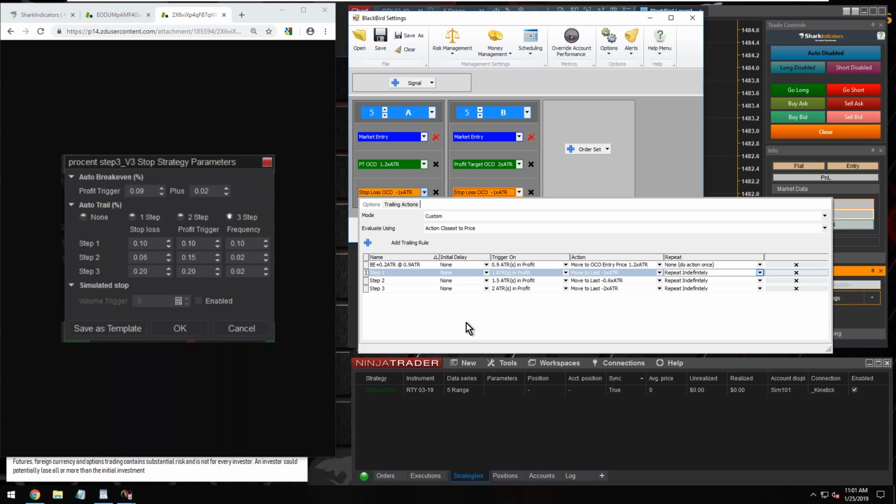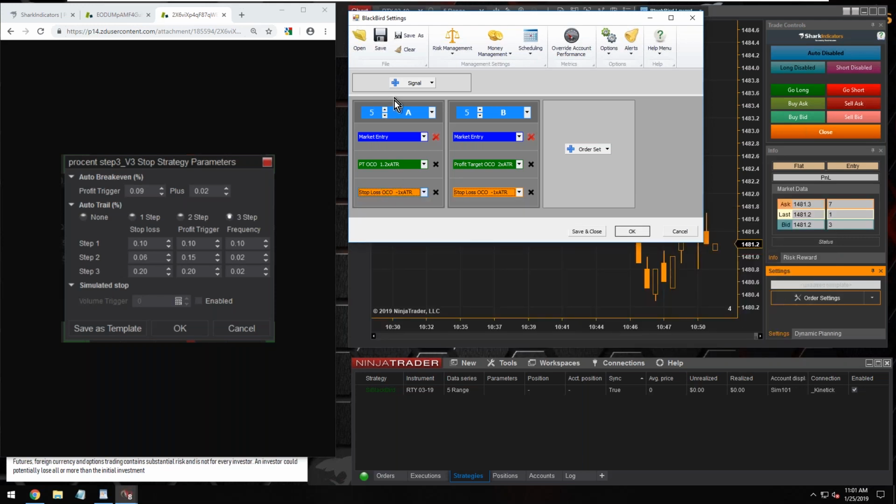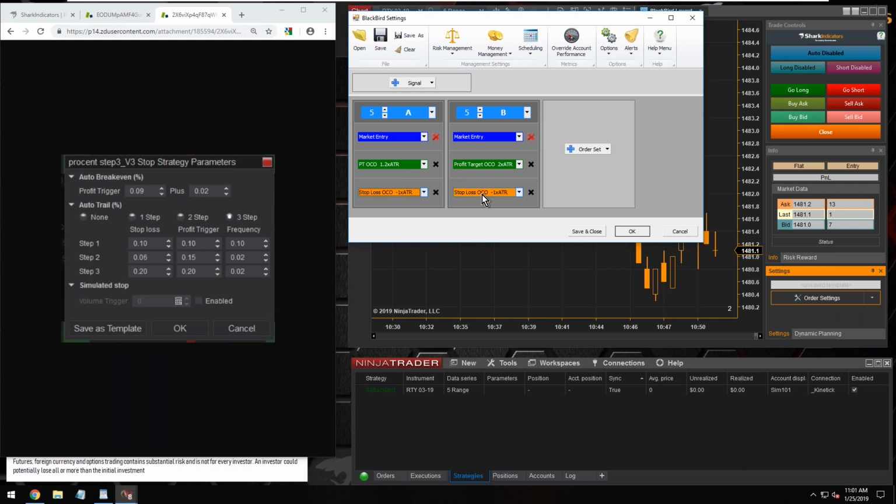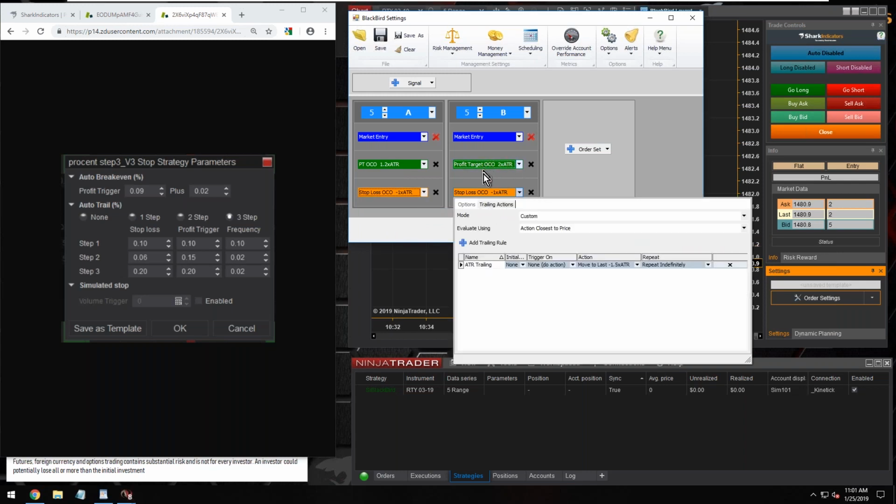Okay, so we've set up the stop loss for our first order set, or our first profit target. So we need to get all of these trailing rules into the other stop loss for the other profit target. Right, so if we look, these trailing rules are not the same here.